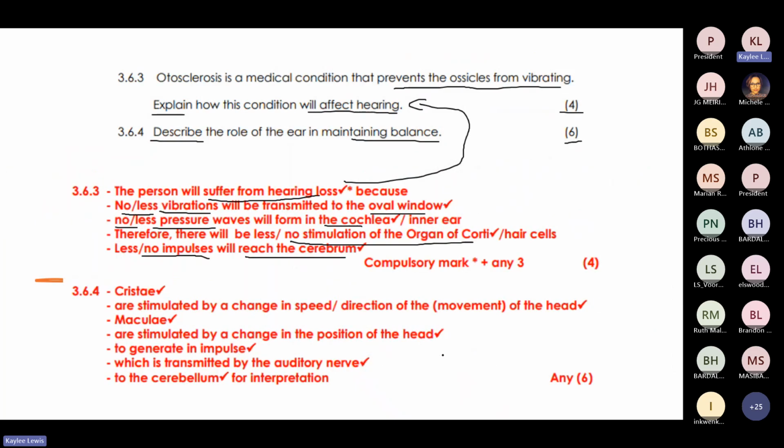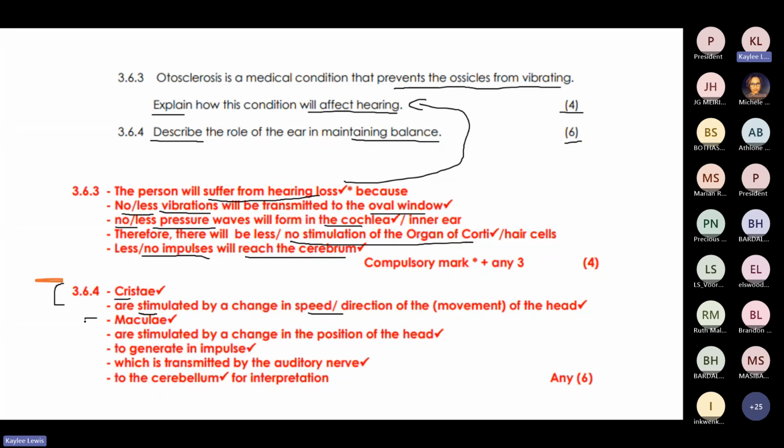All right. So how do we start? Well, you've got your 2 receptors. So your cristae, which we know is found in our semicircular canals in our ampulla, will be stimulated by a change in speed and direction of the head. So that's the first part. That's the one part of the receptors we're talking about.